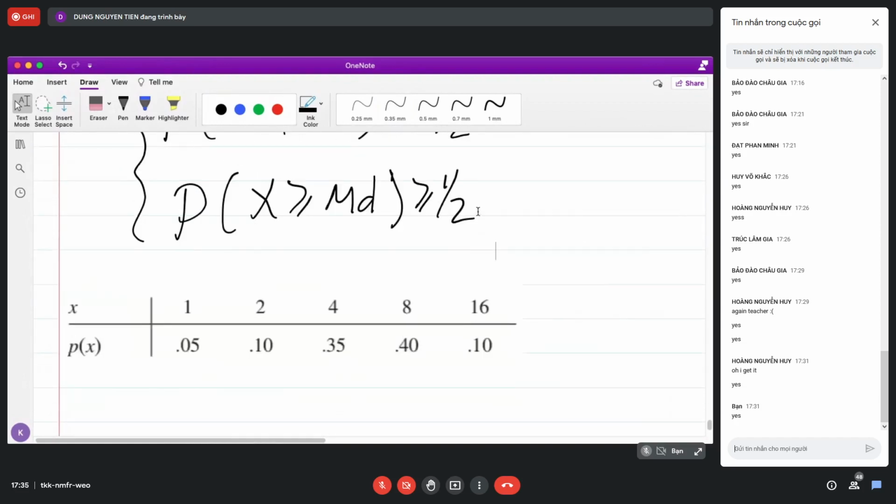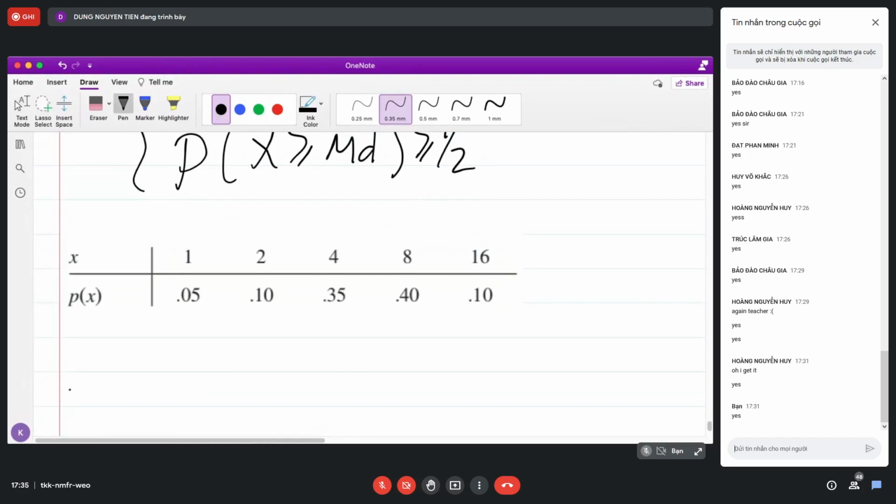Then I can find the probability that X is less than or equal to little x. What do you get? It is 0.05, 0.15, 0.45, right?